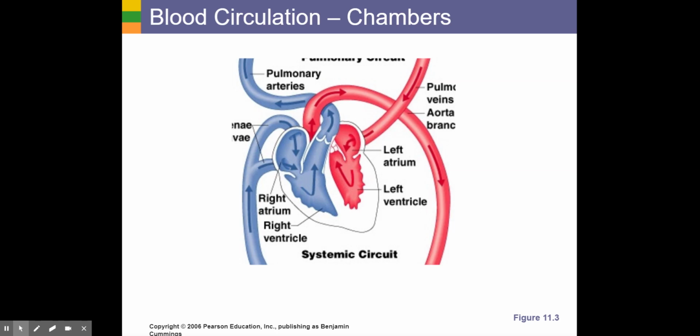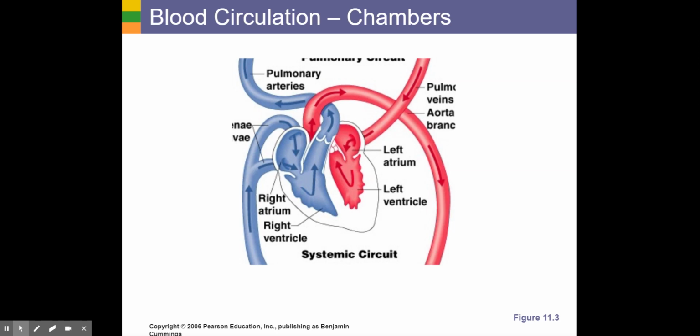That is going to go to the systemic arteries. Systemic arteries will get us to the systemic capillaries, and then we will go to the systemic veins, and then those veins will branch off into either the superior vena cava or inferior vena cava, and then bring us back to the heart.